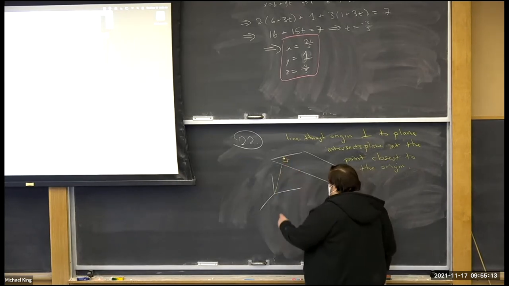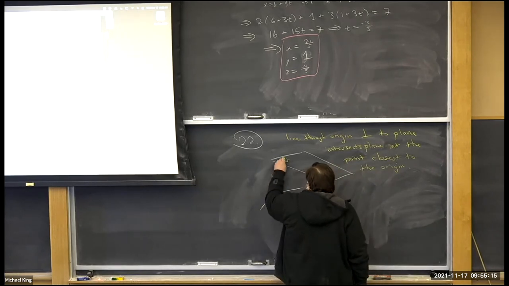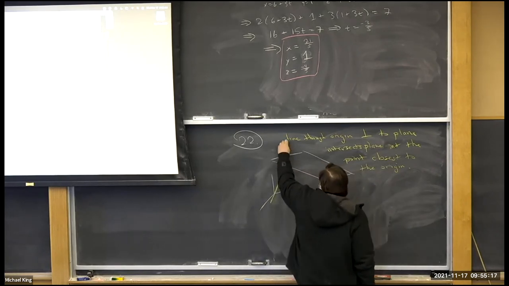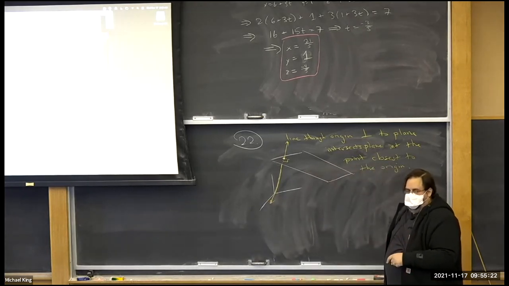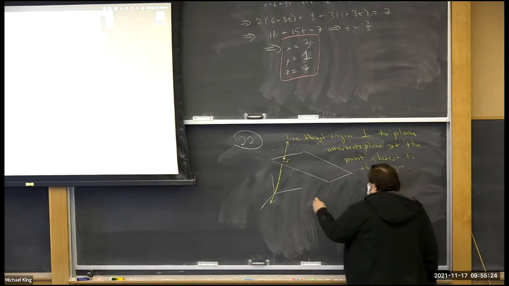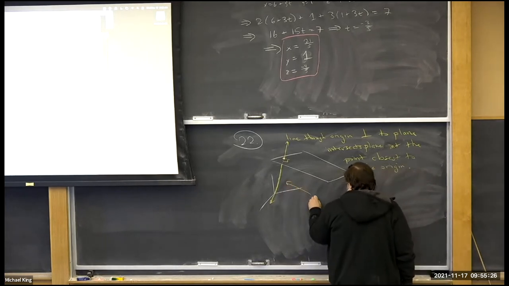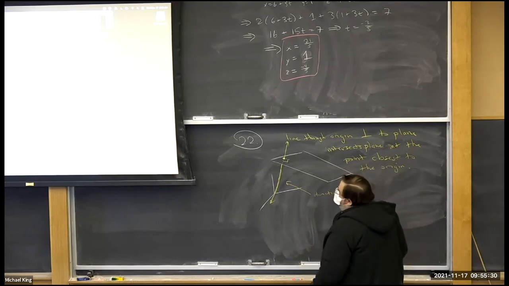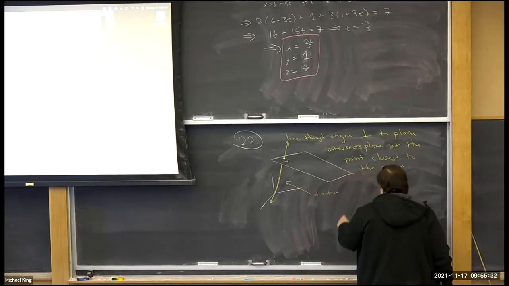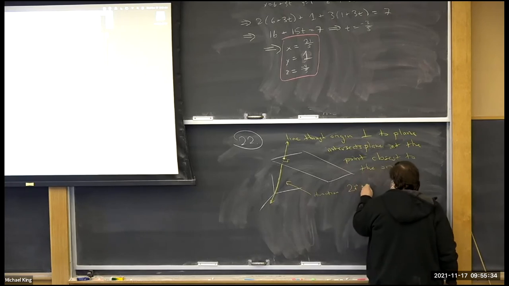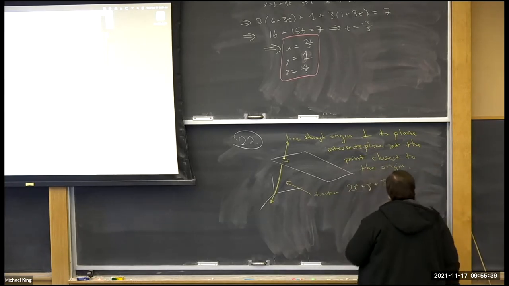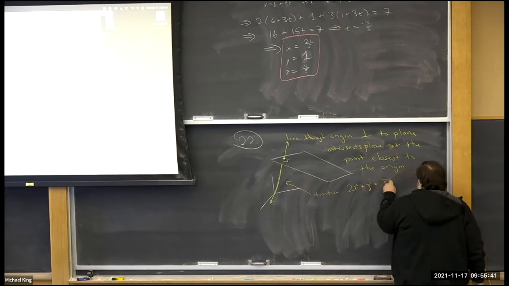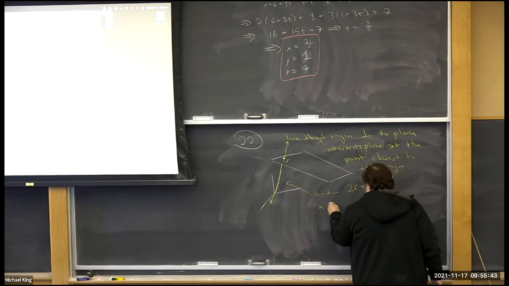So if you parameterize this line, and then just intersect line with plane like you did in the previous problem, you get the answer, right? So this line is through the origin in the direction. What was the plane? Same plane? 2i plus j plus, wait, 7? No, 3. 3k. So basically you get this line, right?